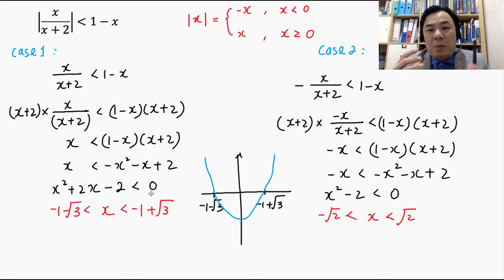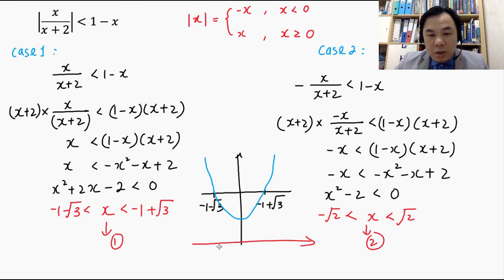I will give you a few days to think about that, and after that I'm going to post another follow-up video to further conclude this scenario. Let me recap again. Should we consider these as our solutions, or as other solutions, or should we join these two solutions together to become one?